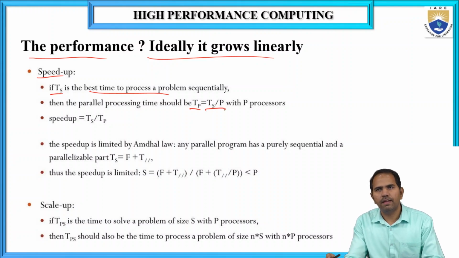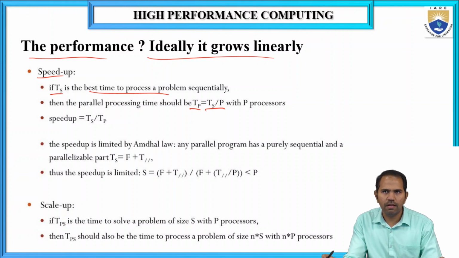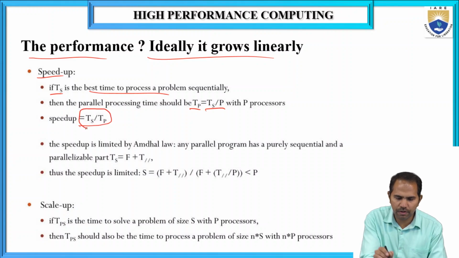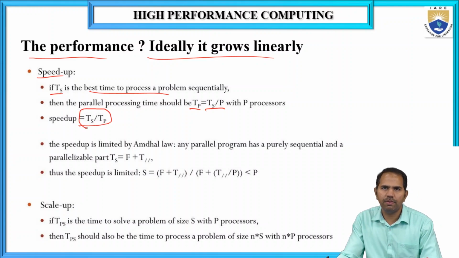If I want to find the speed of a computer with parallel processing, it is TS by TP. This is the formula for speed up.